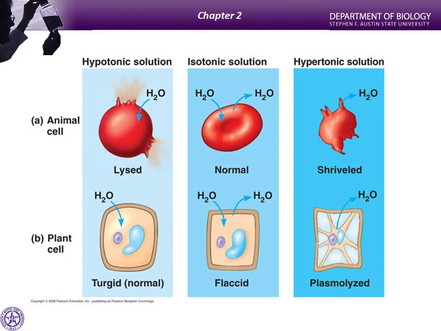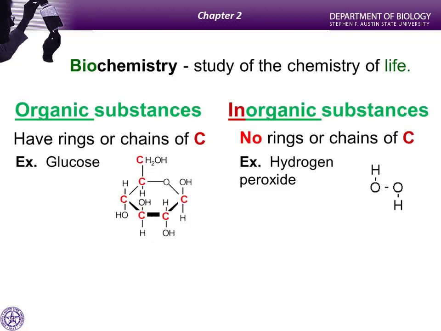Now, as we begin to make strides and steps toward understanding how cells function through molecules and macromolecules, we're going to look at some distinctions here. So we've had our polar molecules, our nonpolar, our amphipathic.